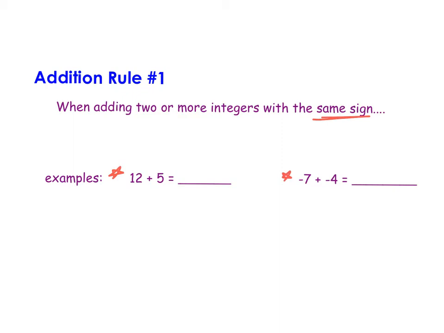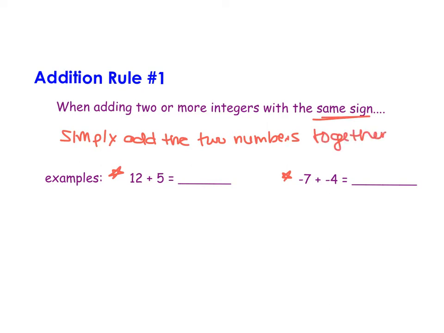And when we're adding 2 or more integers with the same sign, we simply add the 2 numbers together and keep the sign. So, for example, in this first one, we have 12 plus 5.